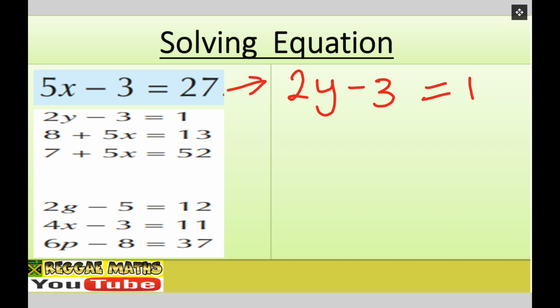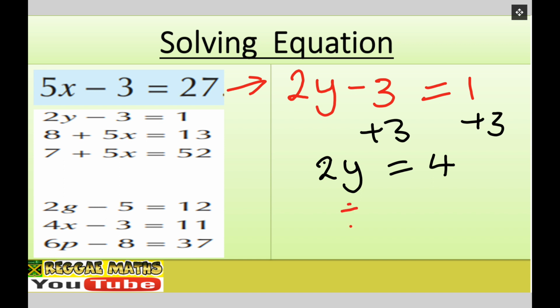I'm using balancing on this one, and I'm going to show you both mapping and balancing, and it doesn't really matter. Add 3 to both sides. I end up with 2y equals 4. Then I divide both sides by 2. So y equals 2.